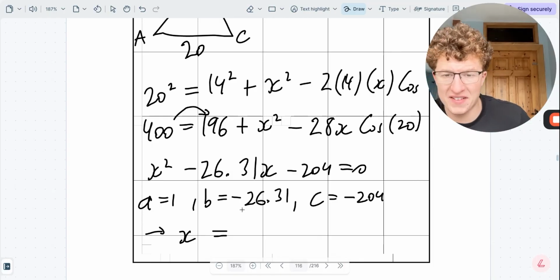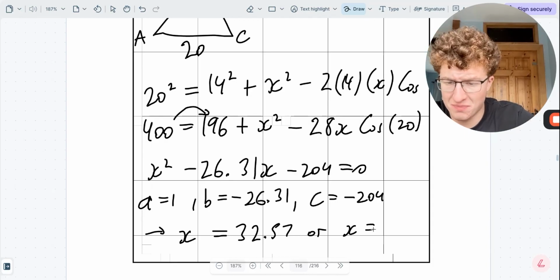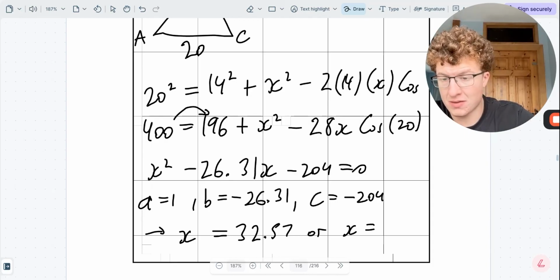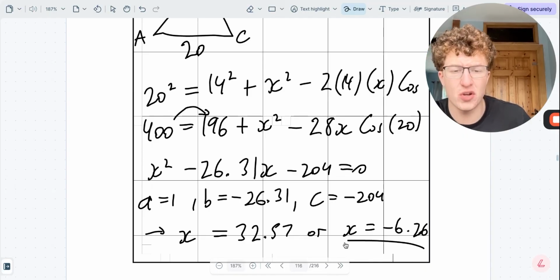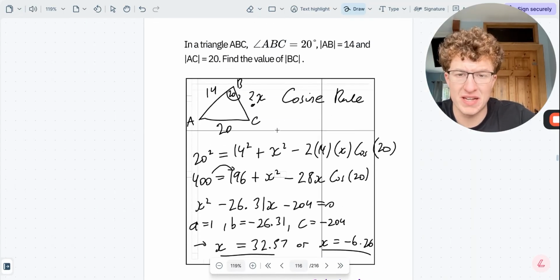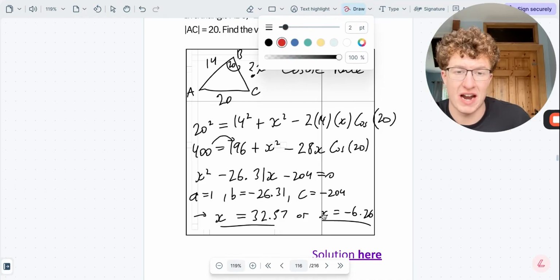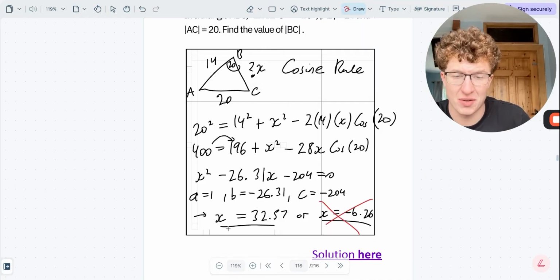So we're going to get x equals 32.57, or x is equal to, when we do the minus, negative 6.26. So we get two values for x. But remember, x is the distance between b and c. So we can't have a negative distance. So we can disregard this answer here, and 32.57 is going to be the final answer.